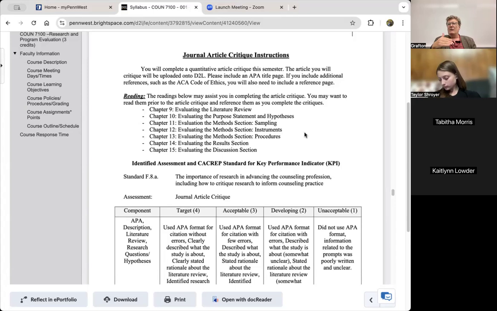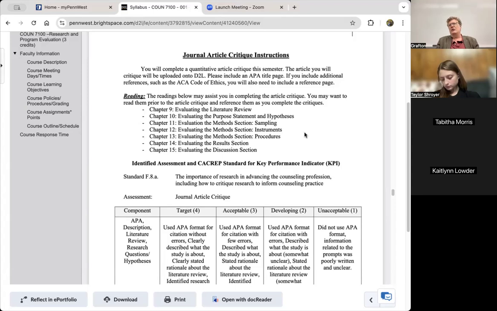And I go over every single chapter in the book in this class in the lectures. So you're not reading these on your own. Dr. Locke, who created this syllabus, lists some chapters, but you can look at them, and we are going to go over them later.